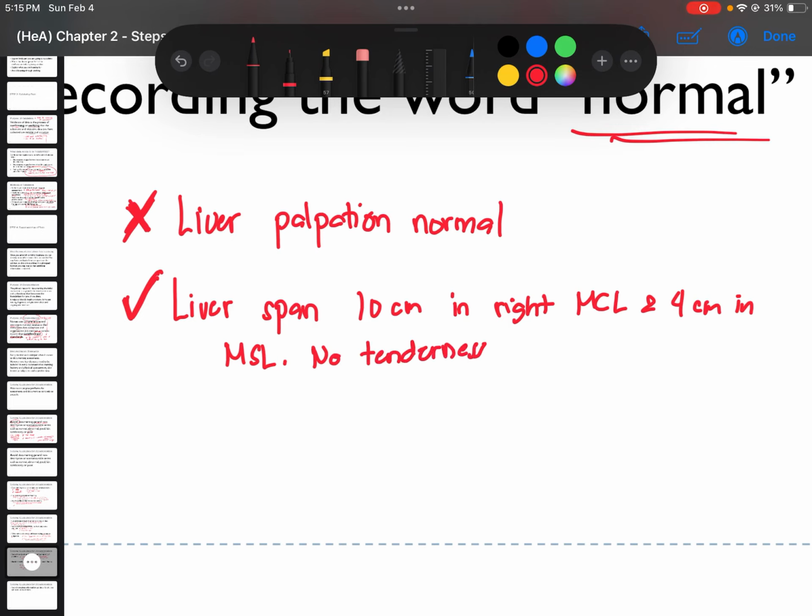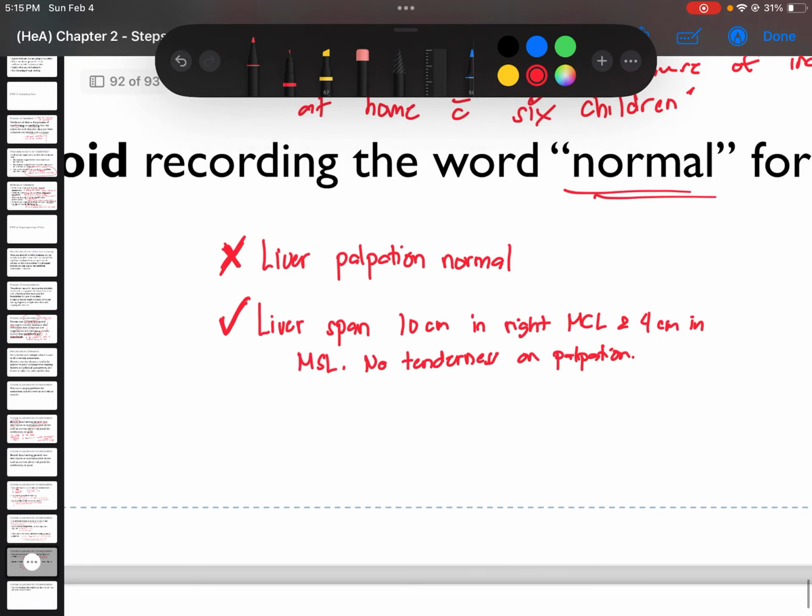No tenderness on palpation. Okay? Now, class, some healthcare facilities do something like charting by exception. Okay? Charting by exception. In that case, class, you will only chart if the result you found is abnormal.